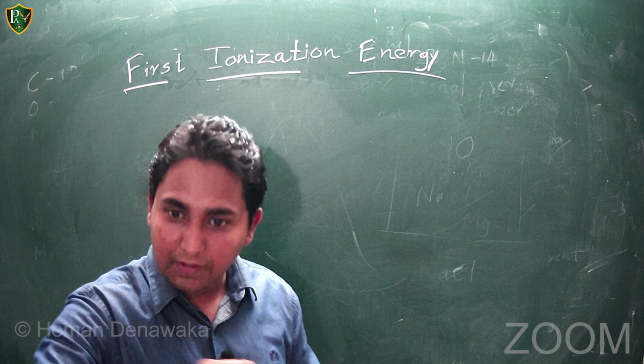All right. Okay, now what happens when you move across a period? What happens to the first ionization energy? Okay, tell me what happens when you go down a group. What happens to the first ionization energy when you go down?